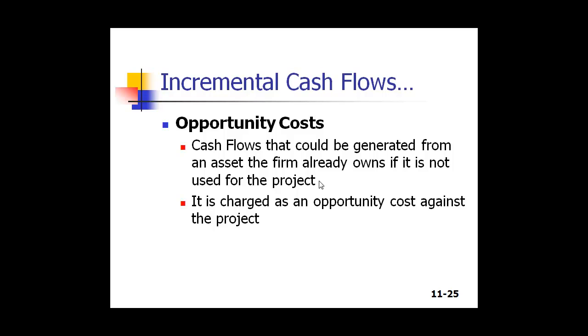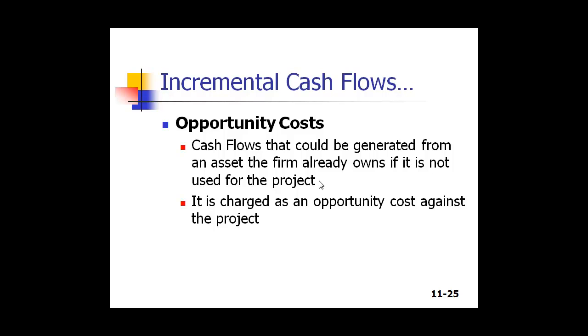So the point is this: what is the purpose of all this work that we've been doing over the last few weeks? The purpose is to evaluate which projects are good and which projects should not be accepted. So now listen to this very carefully. Bottom line is, opportunity costs, even though they are not explicit costs, need to be considered in your cash flow analysis.